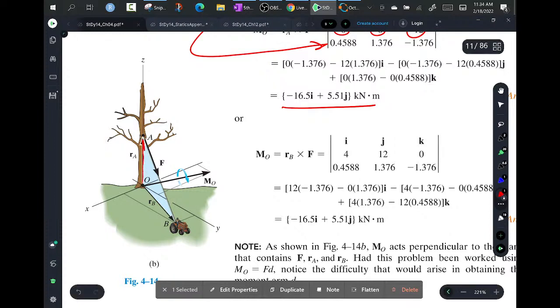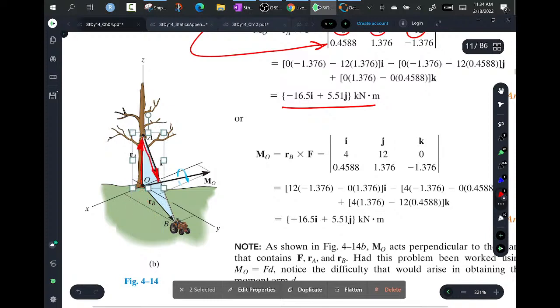You're taking this vector and taking that vector. And what I'm going to do is take this and put it, oh, I copied both of them.